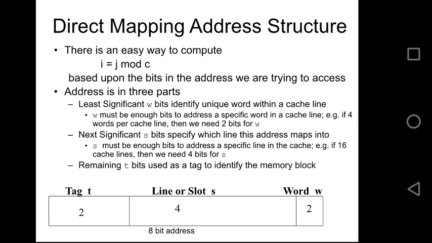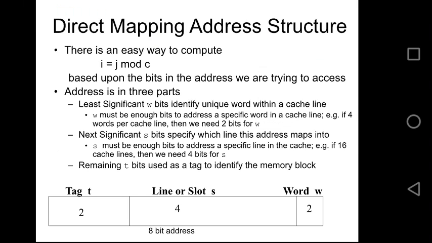Next, understand the address structure of direct mapping. The address structure says that there is an easy way to compute J mod C, based upon the bits in the address we are trying to access.